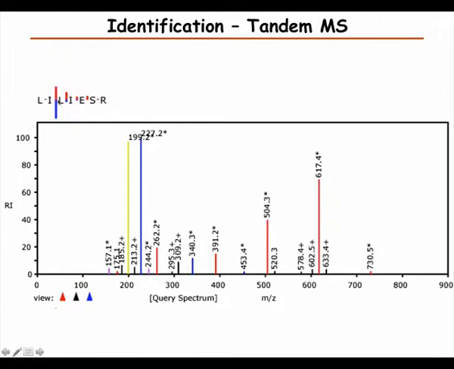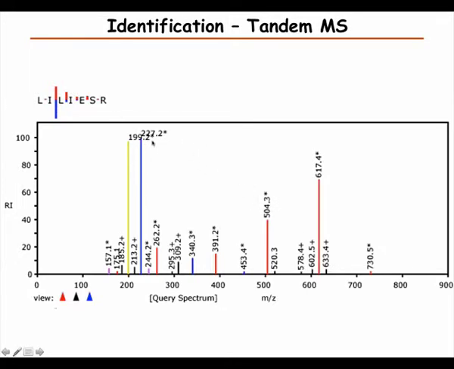So the way we show it here, it's a small cartoon showing the length of these lines between the amino acids are proportional to the peaks in the spectrum. So this peak corresponds to this fragmentation, and this smaller peak corresponds to that one.